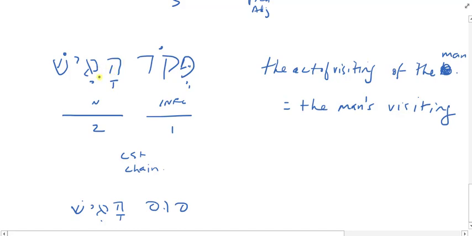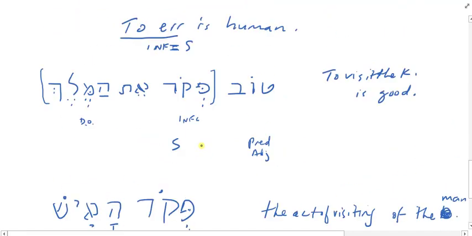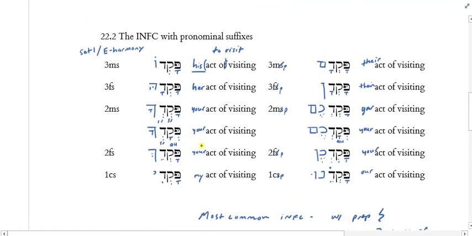So it could indicate the direct object of it, but frequently it's going to indicate the subject of it. So the man's visiting means the man is the one doing the visiting. All right? Now, so here's the deal. Let me just go backwards to our little chart over here.